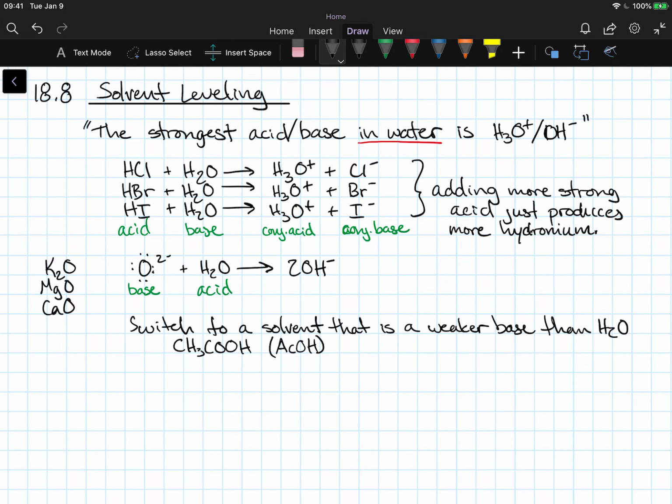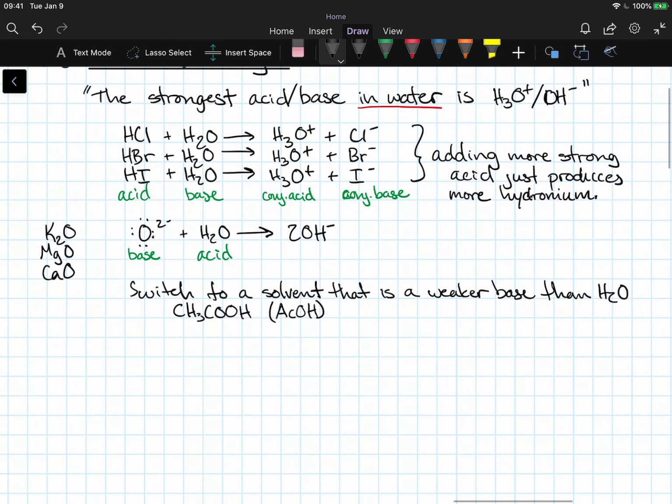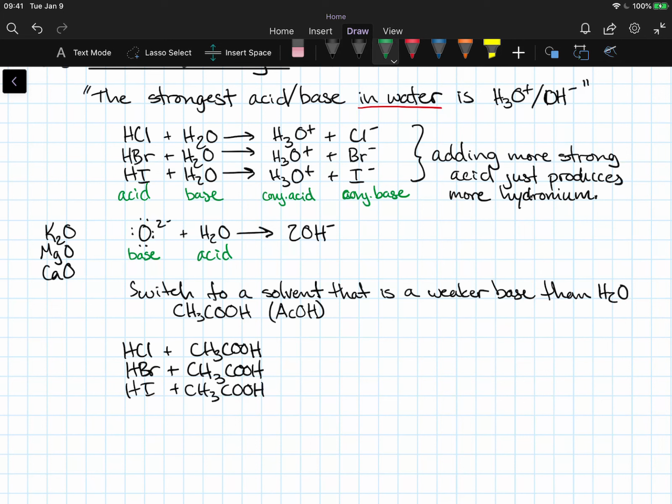So if I redraw this acid-base example we had up here, but with acetic acid as the solvent instead of the water, we have HCl plus CH3COOH, HBr plus our acetic acid, and HI. Now our acids still act as acids, so we can just label those as the acid.